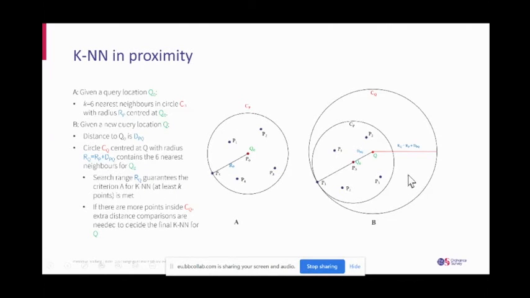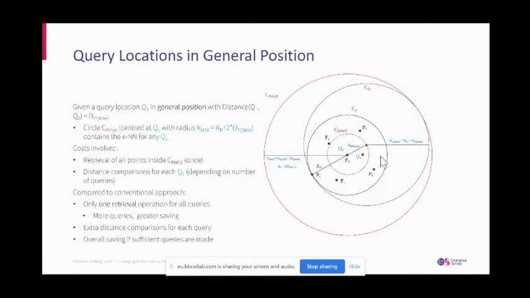If there are other points inside the CQ besides the 6 we found already, we can do some distance comparison to decide the final k for the new query Q. That's an observation made by some researchers previously.